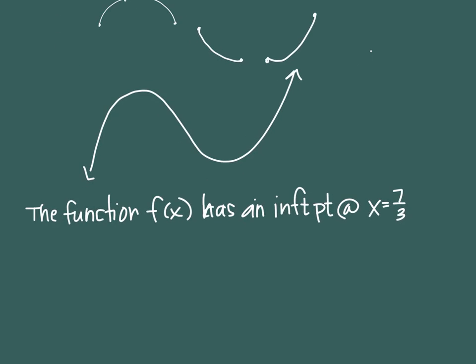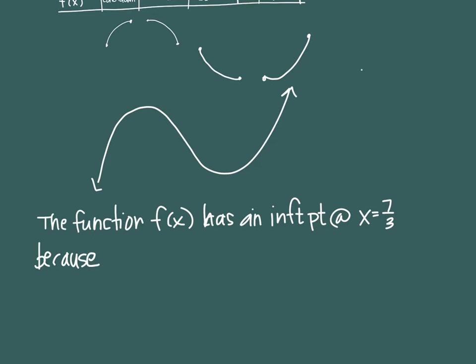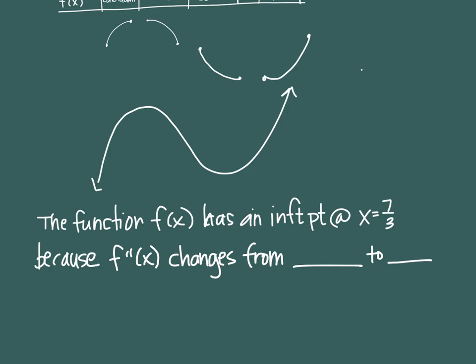because, and then your because always has to be based on the second derivative, because f double prime changes from blank to blank, and in this situation it's changing from negative to positive, which means f of x changes concavity.